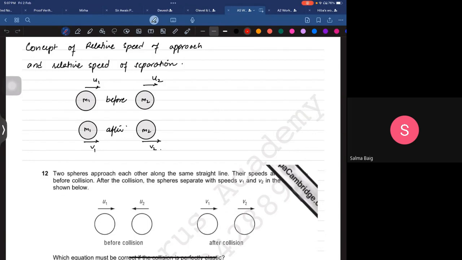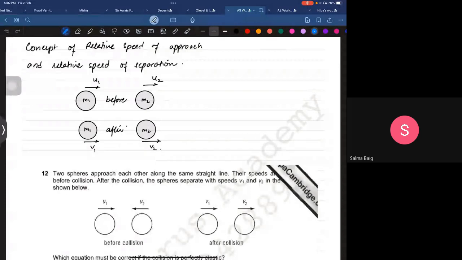Now, what you need to understand is that let's suppose there is mass m1 moving with u1, and then mass m2 moving with u2. After the collision, they separate with different velocities, as you can see. From a single formula, we can find out if a collision is elastic or inelastic.